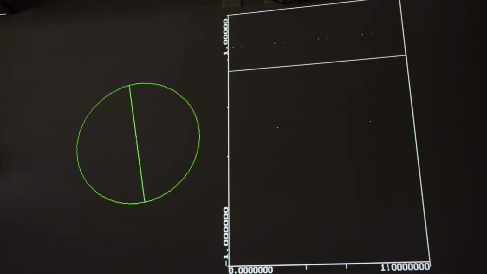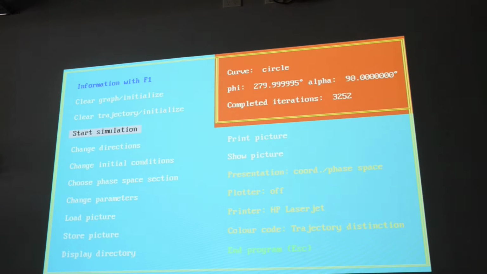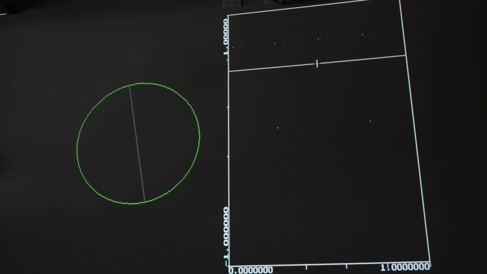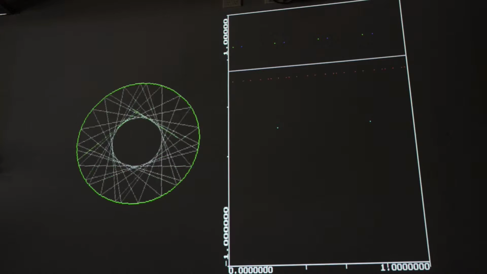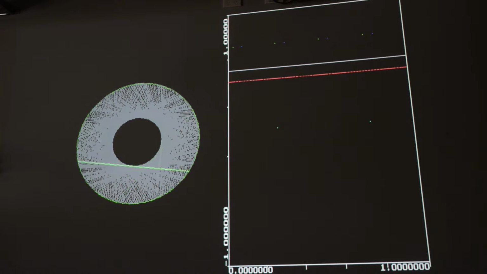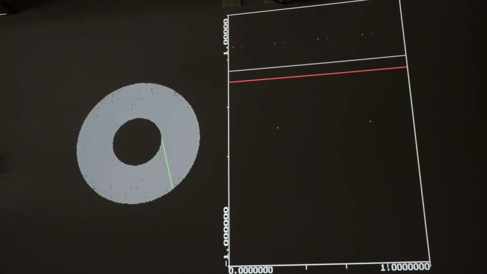Okay, and now let me start changing my initial conditions by hand. On the graph here, I'm going to see I get to do this. Change initial conditions. Okay, you see, I didn't have a nice divisor of 360, right?